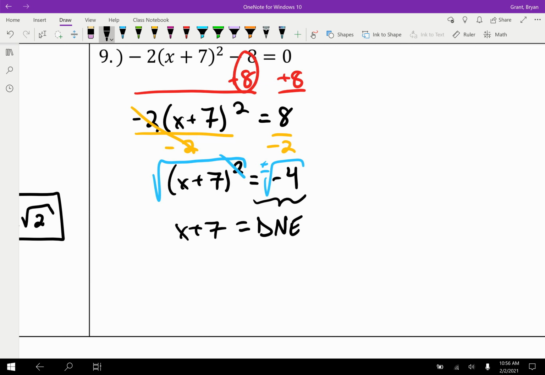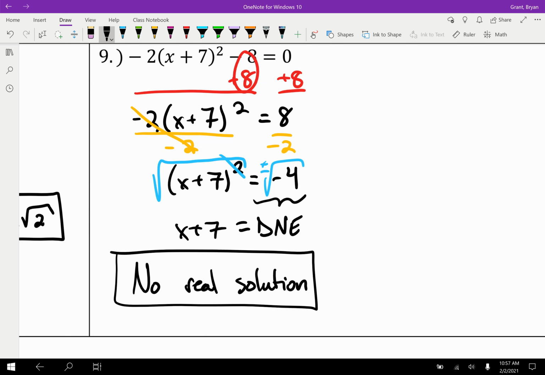Well, if you get to a point, just like when we are solving absolute value, then there is no solution here. Technically, we say no real solution because there is a way to take square roots of negatives. We don't learn it this year though, so there's imaginary solutions, but yeah, we're just going to go with no real solution. If you say no solution, no one's going to mark it as wrong, but no real solution is probably the best way to do that.